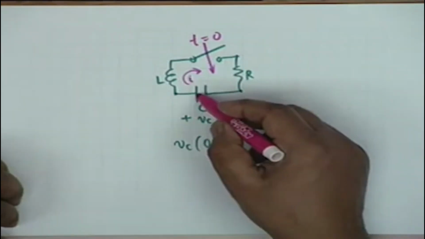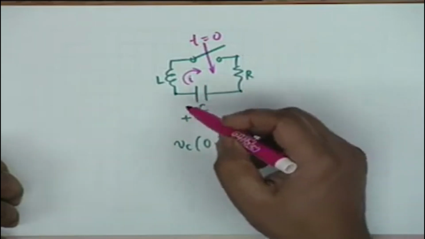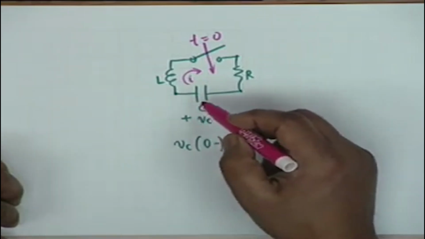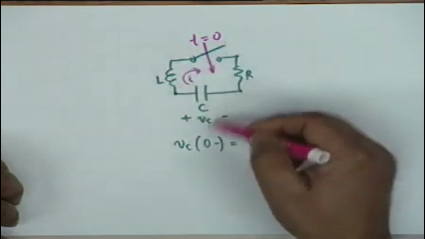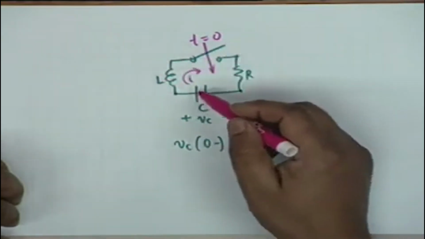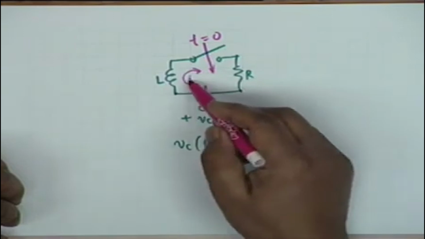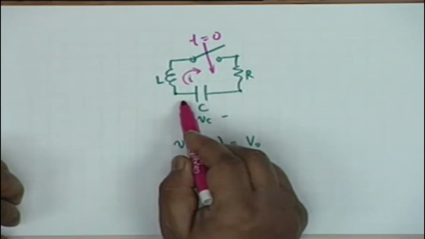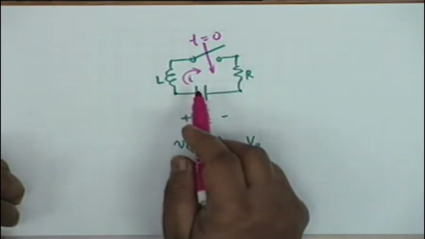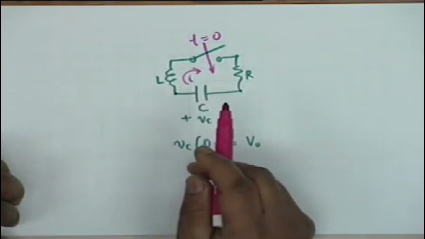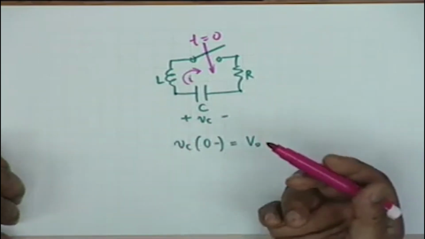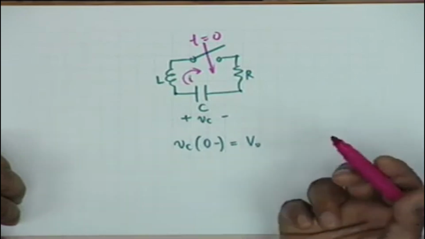Capacitor is charged with this plate positive, so this charge will effectively behave like a battery. You remember the Thevenin equivalent circuit, which will tend to send a current in this direction. As time passes, this current I has to pass through the capacitor in the opposite direction, which means that the capacitor gets charged in the opposite direction, which is equivalent to saying that the capacitor loses charge.